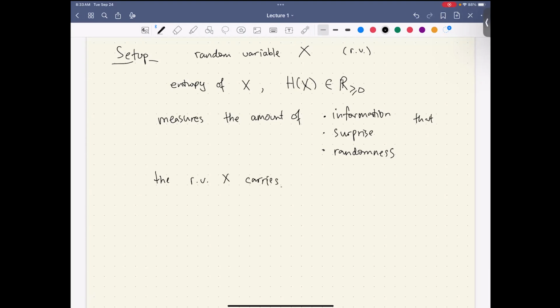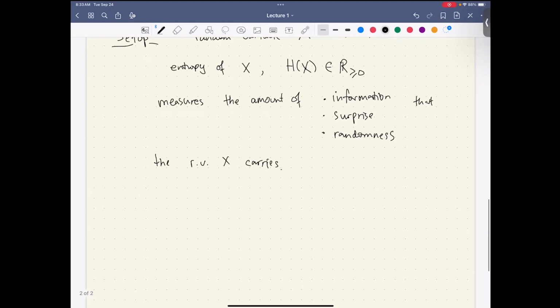Let me first state its formal definition.